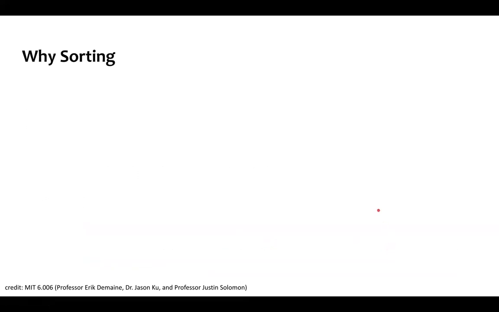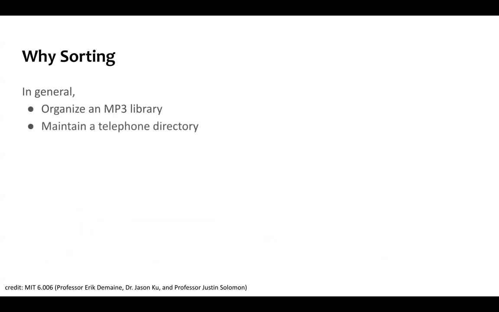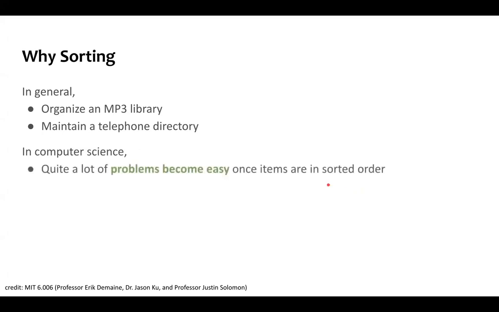Now, why do we care about sorting? In general, we could organize an MP3 library or maintain a telephone directory, and so on. However, in computer science, quite a lot of problems become easy once items are in sorted order, right?